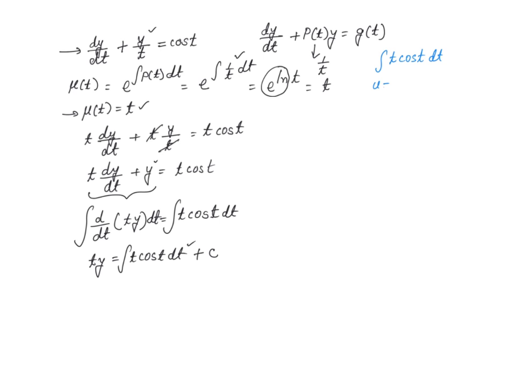Let's say u is equal to t, du over dt is equal to 1, or du is equal to dt. And that gives me dv is equal to cosine of t dt. And I can integrate both sides to get v is equal to sine of t.